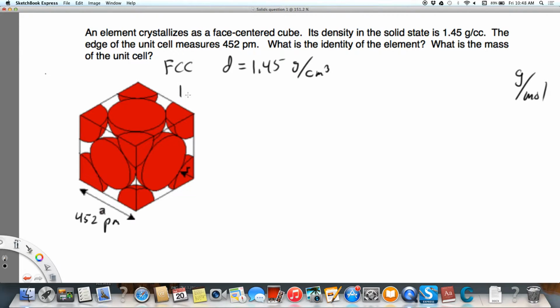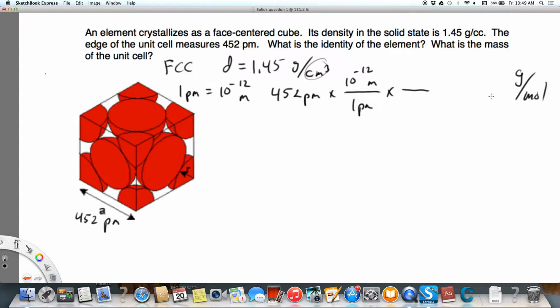We should also remember when doing these problems that 1 picometer equals 10 to the minus 12 meters. So keep that in mind. What I'd really like to do is get rid of picometers, so I'm going to do that right now. I'm going to take 452 picometers times 10 to the minus 12 meters per 1 picometer, and then I'm going to change this to centimeters because we want to get rid of centimeters cubed and get grams per mole.